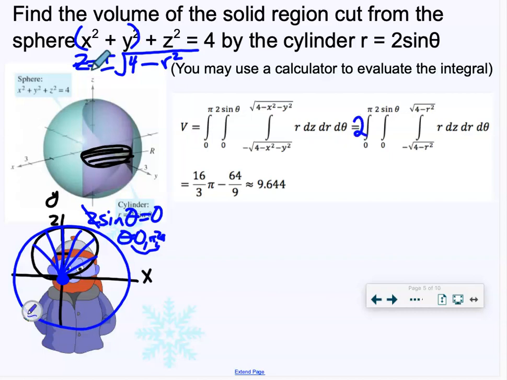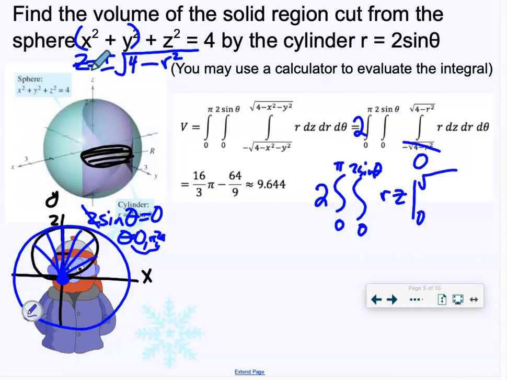All right, so if we put a 2 and put a 0 here, the first thing we're doing is integrating with respect to z, right? So you end up with 2 integral 0 to pi, integral 0 to 2 sine theta of rz from 0 to root 4 minus r squared dr d theta.